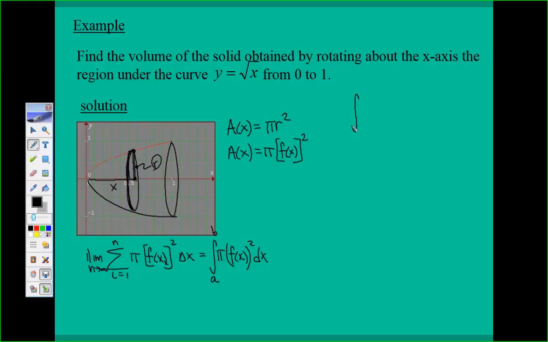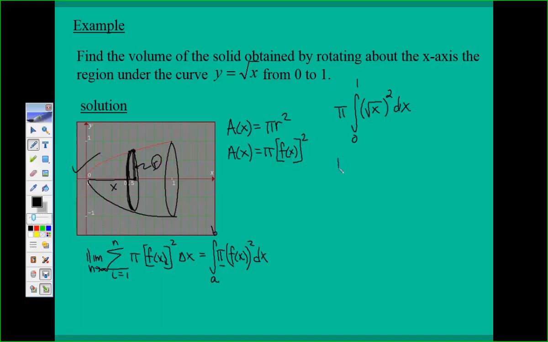Now our integral would be going from 0 to 1, and we said we're going to take pi, that's a constant, so let's pull that out front. Now the function squared, our function is the square root of x, so we'd have the square root of x squared dx. This expression will find the volume of this irregular shaped object.